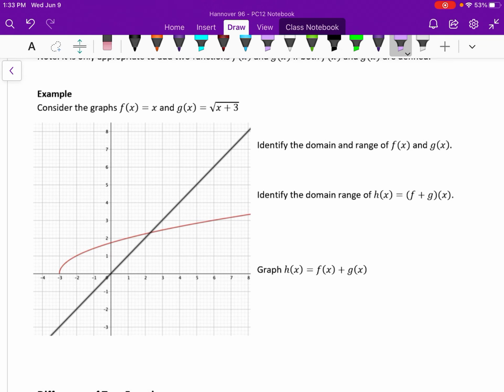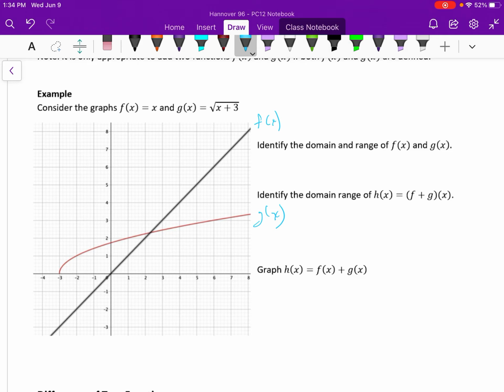So, for example, we're going to consider these two graphs, f, which is the linear one, so I'm going to call this f of x, and this g of x.